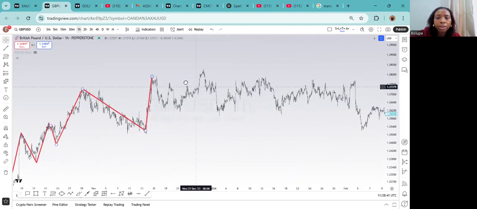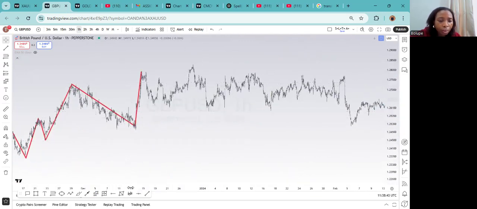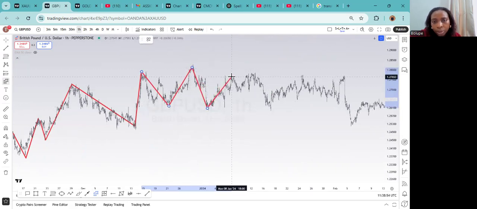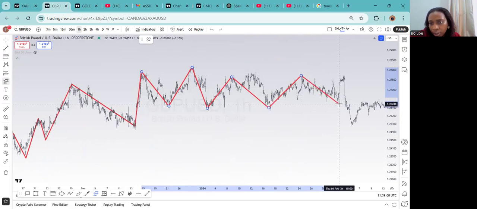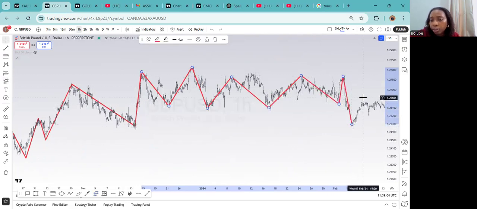And then price got here, still made a higher low, but equal high, equal low, lower high, equal low, lower high, equal low, lower high, lower low.